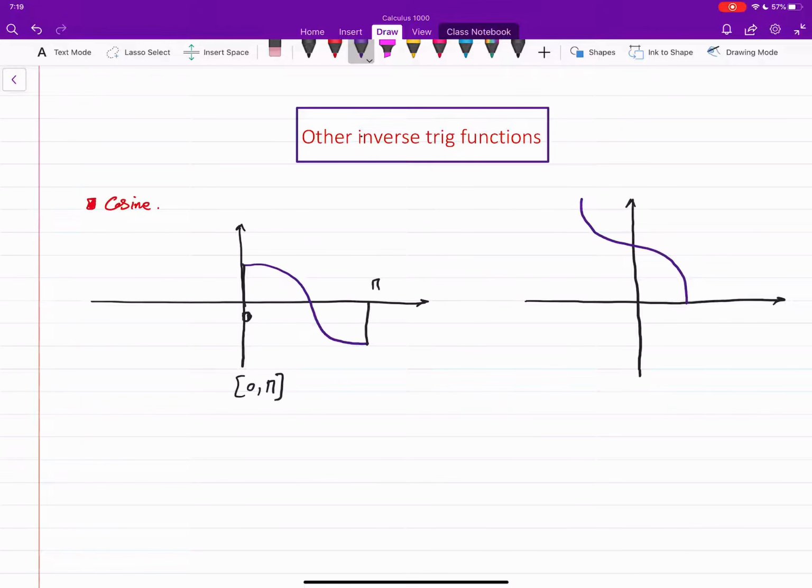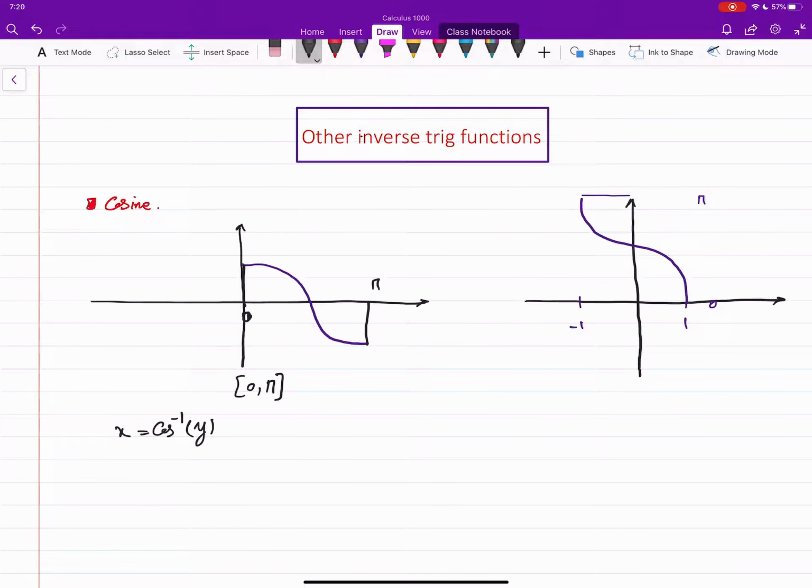The domain will be from -1 to 1, and the range will be from 0 to pi. So let me just write down these facts. The notation we choose is cosine inverse or arccosine.